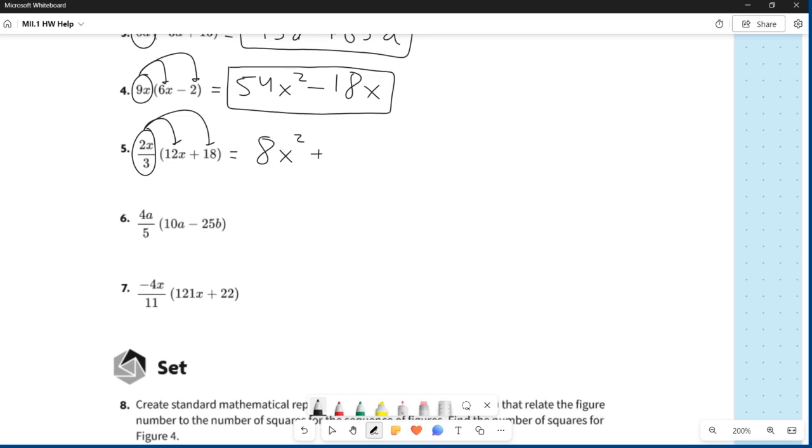Well, 1/3 is 6, and so therefore 2/3 is going to be 12, and then just a single x. And again, if getting that 12 is a little tricky for you, you could go to your calculator and simply type in 2 divided by 3 times 18, and you'll get the same 12 that we just got here. So our final answer is 8x squared plus 12x.